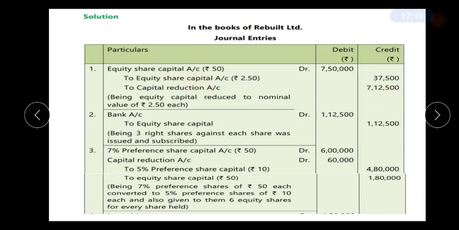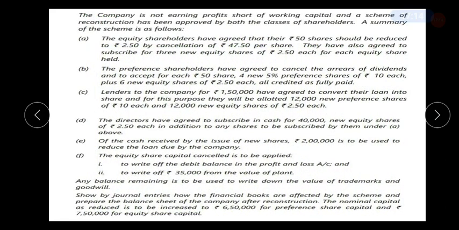So once this is done, let's go to the second point. The preference shareholders have agreed to cancel the arrears of dividends and to accept for each 50 share 4 new 5% preference shares of rupees 10 each plus 6 new equity shares of rupees 2.50 each created as fully paid.